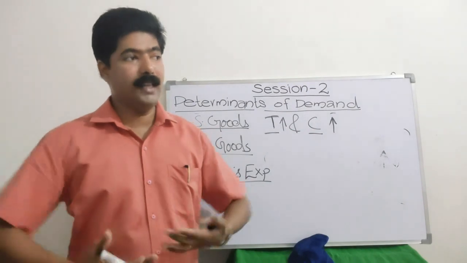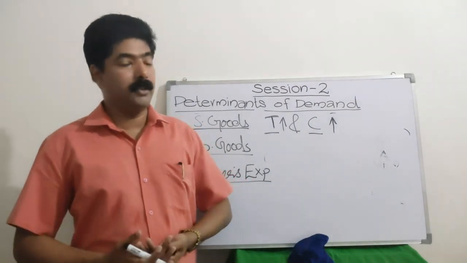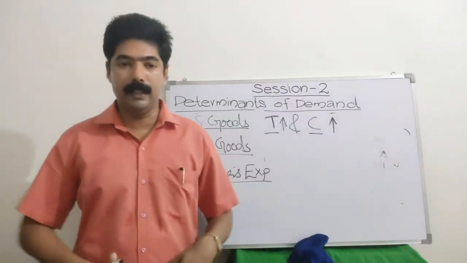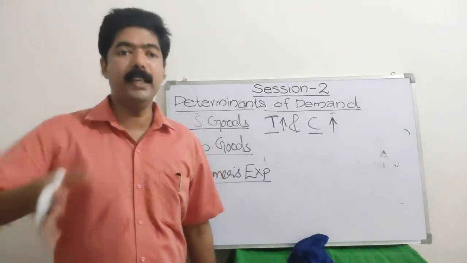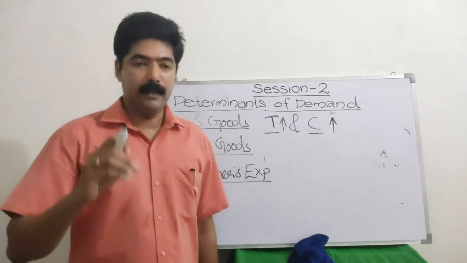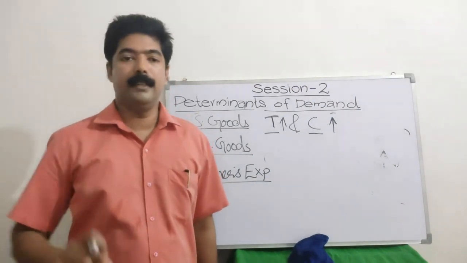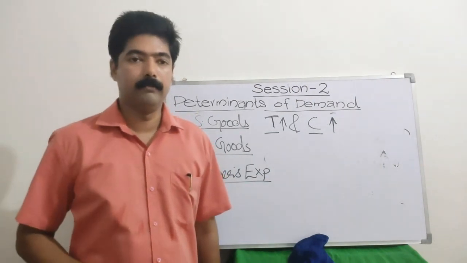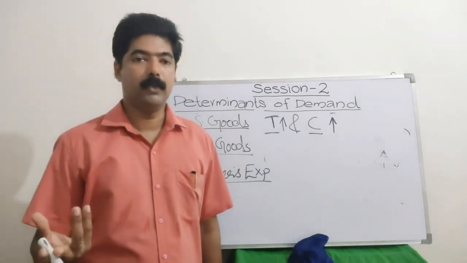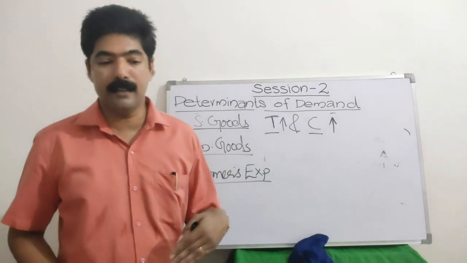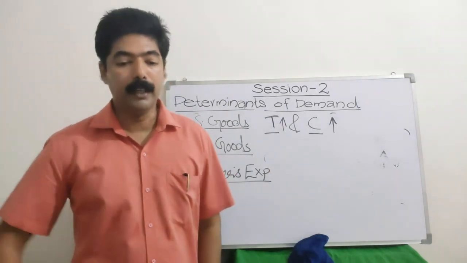So what is my expectation? Suppose today in the news I heard that tomorrow onwards there is a complete lockdown. So at any cost, I need to purchase all the necessities by today itself, even at high prices. Because when demand increases, generally that leads to an increase in price.